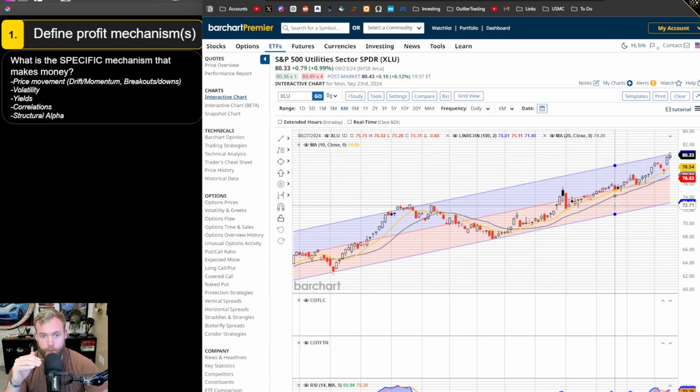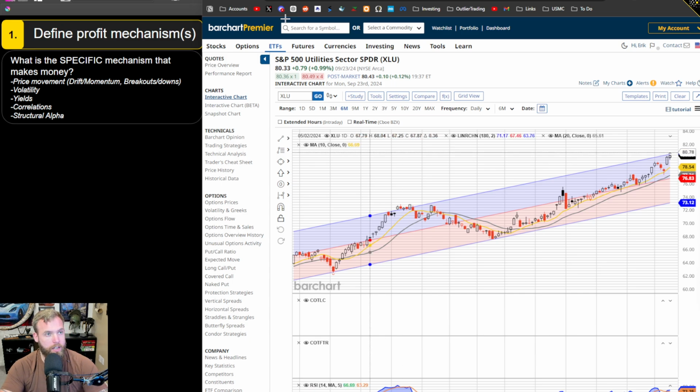Then we need to actually click in one more layer and understand the specific profit mechanism. Because, for example, if I told you that price direction up is a profit mechanism, I don't think that surprises anybody. But would you say that all things that go up look the exact same? I would argue not.